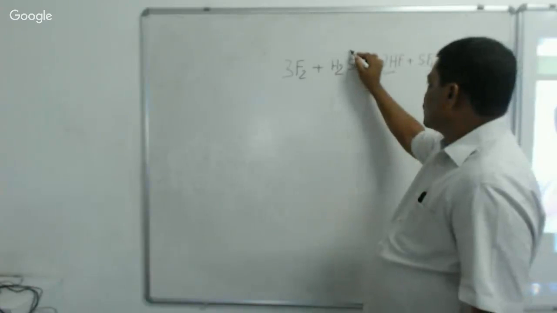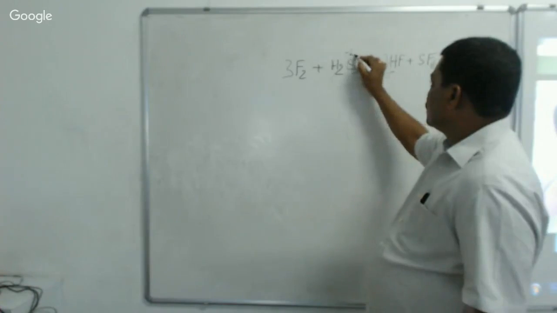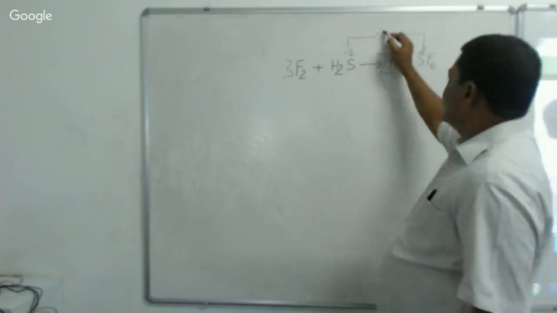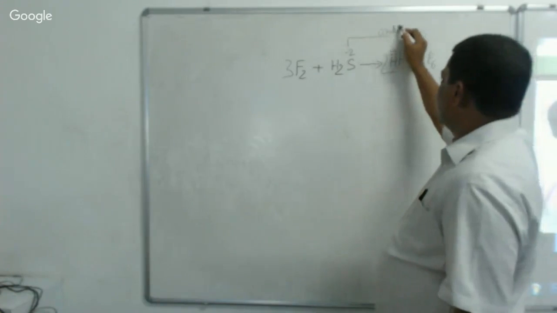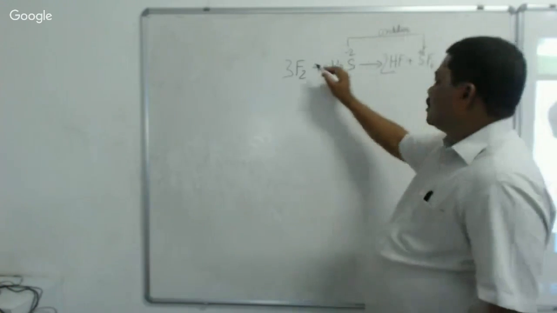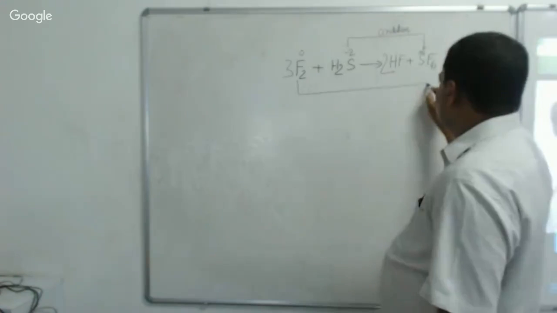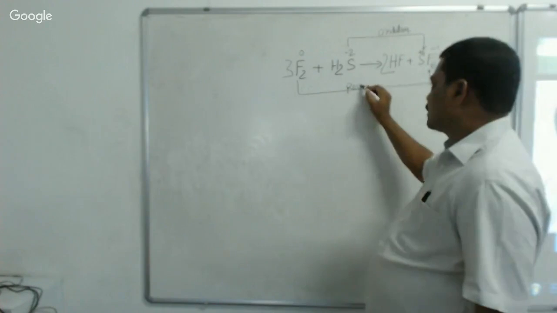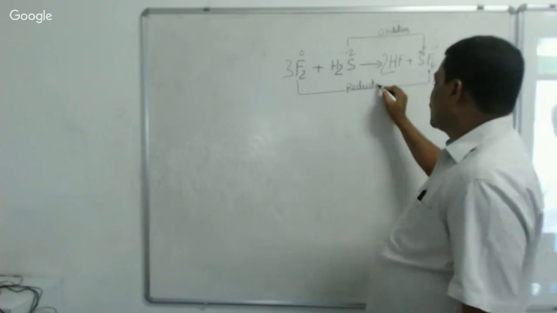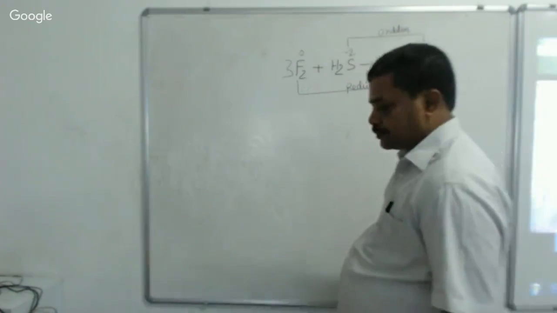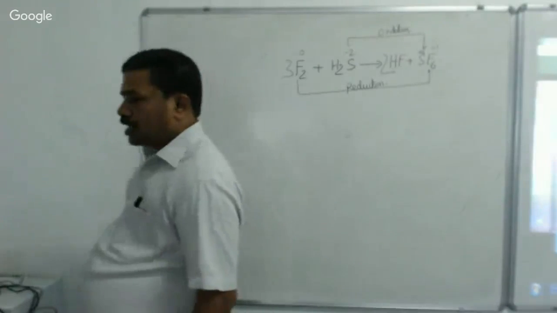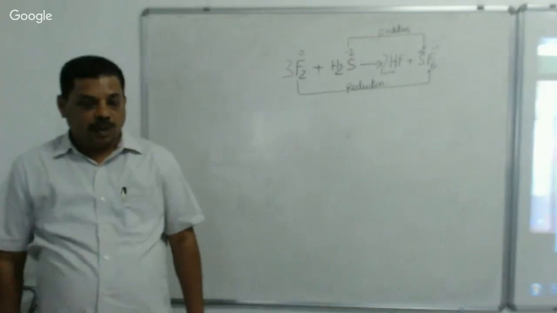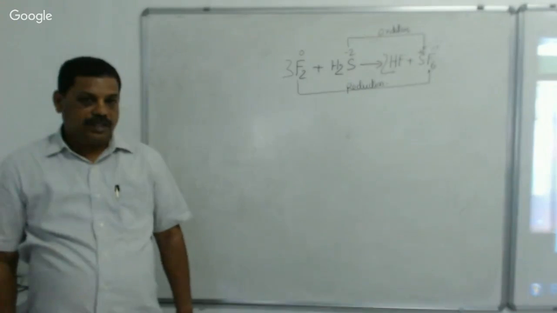So here sulfur is -2 to +6. It is undergoing oxidation. You all know what fluorine will undergo. Fluorine always undergoes reduction.